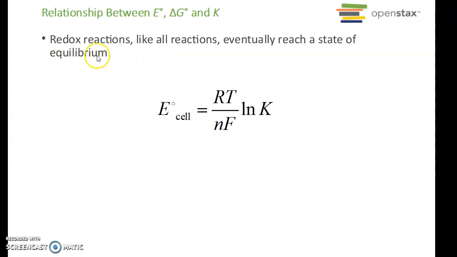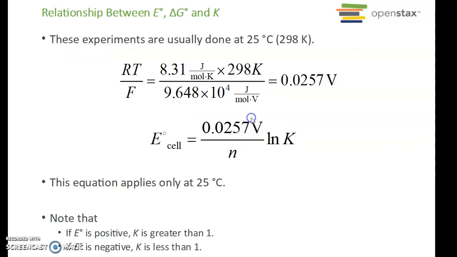In redox equations, eventually you reach a state of equilibrium. When that occurs, it's related to the equilibrium constant by this equation right here: RT divided by NF times the natural log of K. Okay, this is the natural log.